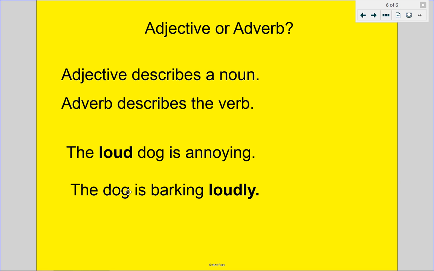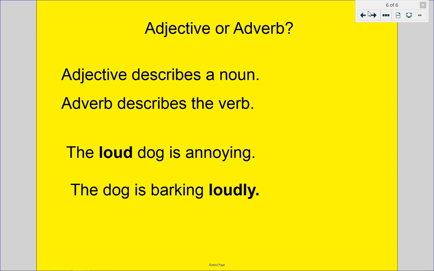So if you have a situation and you're not sure, the dog is barking loudly, is that an adjective or an adverb? Well, there's no other words after it, so it's not an adjective because it's not describing the word that comes after it. Now, this word is the key thing. That's the exception to the rule, but like I said before, in your test, we're not looking at exceptions to the rules. We're going with the rules, so you won't have to worry about that.